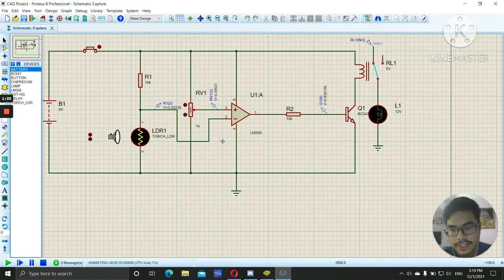As we increase the light, the inverting voltage gets lower and the non-inverting voltage gets higher, meaning that the light is on. However, when the light is gone, the inverting voltage goes back to normal and the non-inverting voltage becomes lower. Low voltage means the light will turn off.